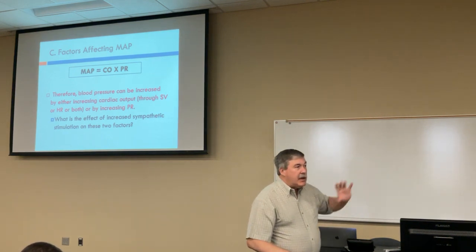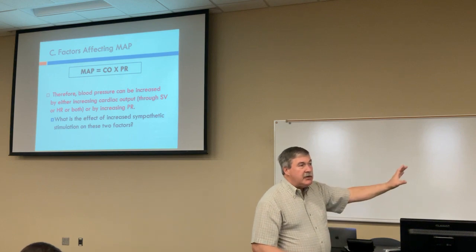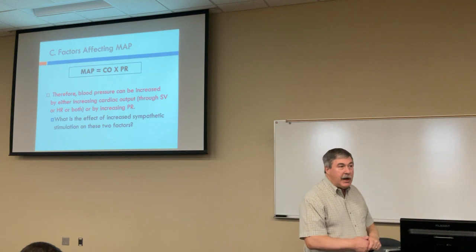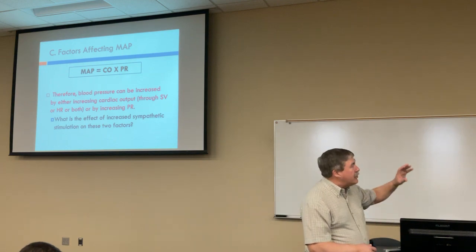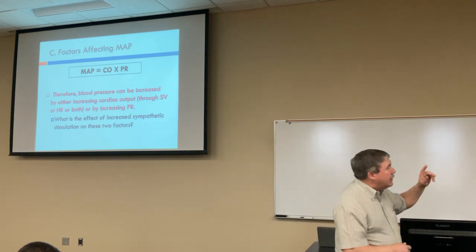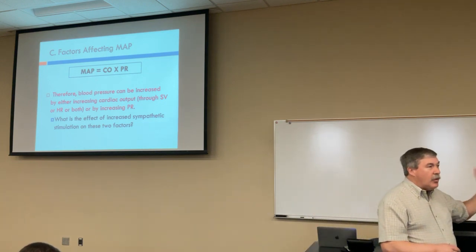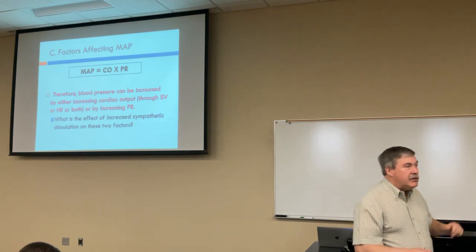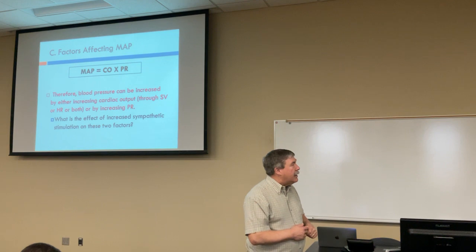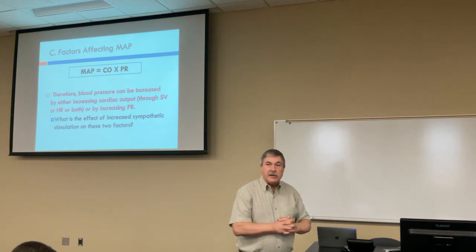This also can tell you what you would have to do to bring blood pressure back down if it gets too high. If blood pressure gets too high, you could decrease mean arterial pressure by either decreasing one or both of those factors, either decreasing cardiac output or by decreasing peripheral resistance.